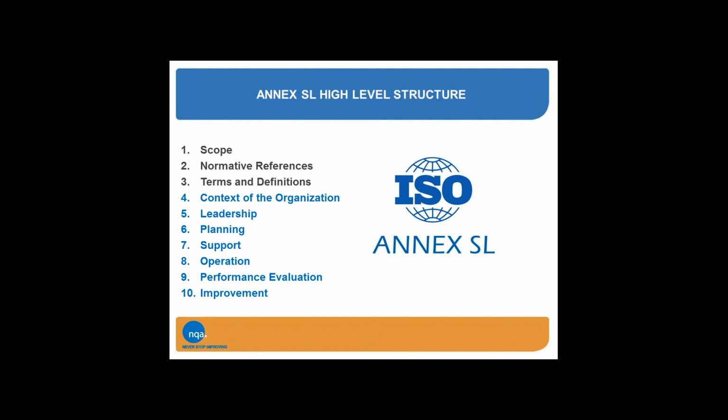Those clause headings are the same whatever management system standard we happen to be looking at. The 7 clauses, 4 to 10, are in blue because these are the auditable sections of the management system standard, and it's these clauses that we'll be looking at in a bit more detail for ISO 9001.